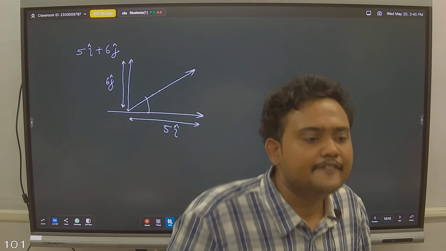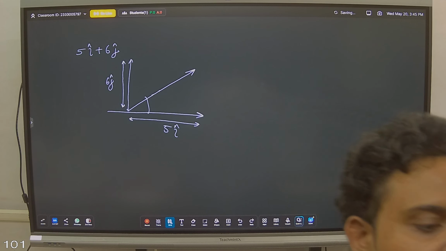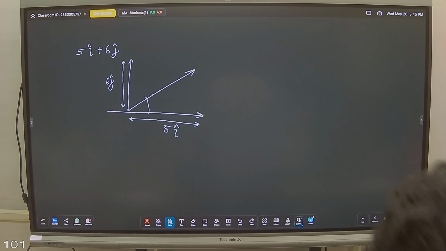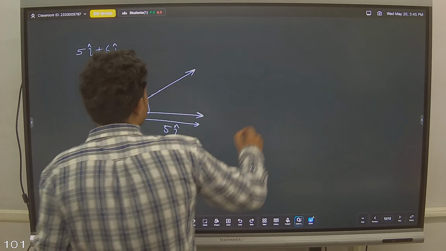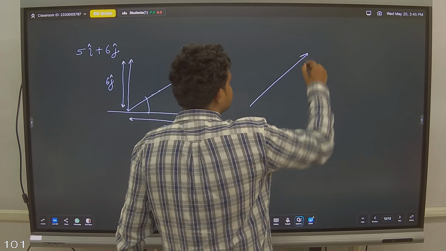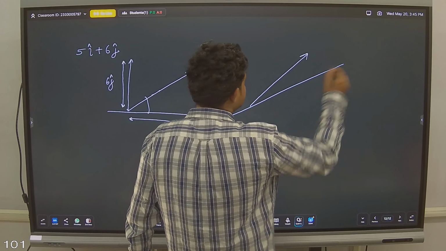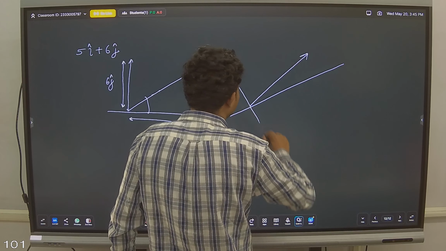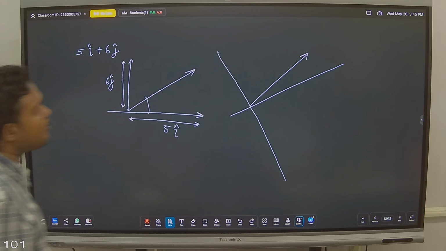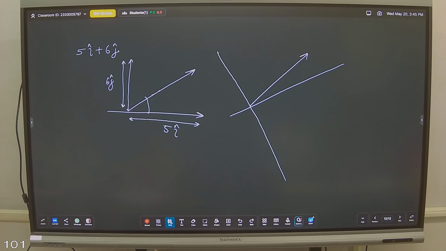But let us say we don't want our rectangular coordinates to be i and j, right? We want to resolve a vector like this, for instance, along this axis and an axis perpendicular to it. We want to resolve a vector along two axes which are not the i and j axes.